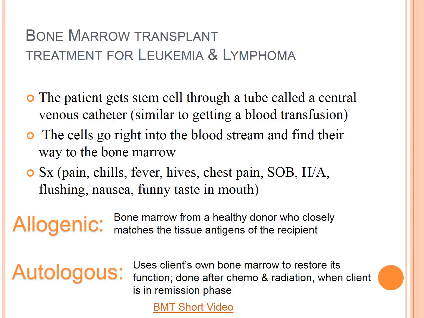They thaw it after it's been frozen and transfuse it, again similar to a blood transfusion, in hopes that it will help stimulate a positive effect on their immune system and bone marrow function, proper functioning, proper cellular replication, and build a healthy immune system again.